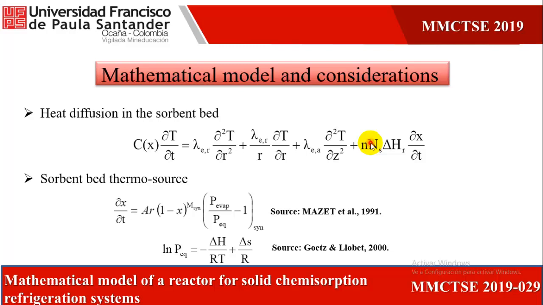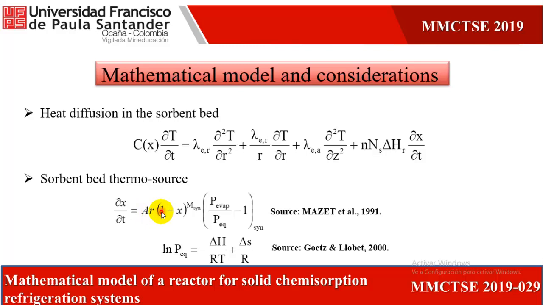This is the most complex term in the equation, since there is dependence on the dynamics or chemical kinetics of the adsorbent. This can be represented by this equation, the partial of x with respect to t, where AR represents the Arrhenius factor and is associated with the energetic parameters of the adsorbent, which also depends on the temperature.